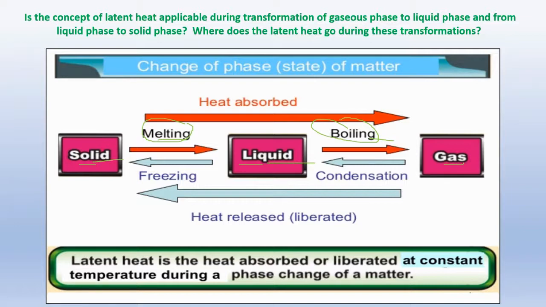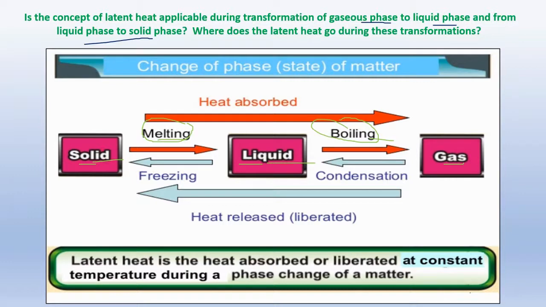So going from solid to liquid and to gas, heat is absorbed. But over here the question is, we are going in the reverse direction, that is from gaseous to liquid phase and from liquid phase to solid phase. So in this case, what will happen?